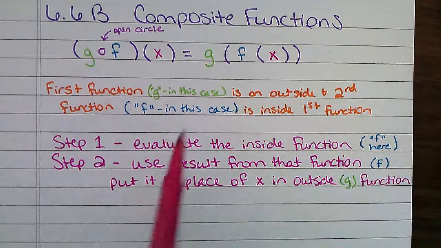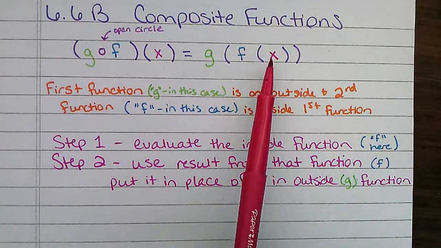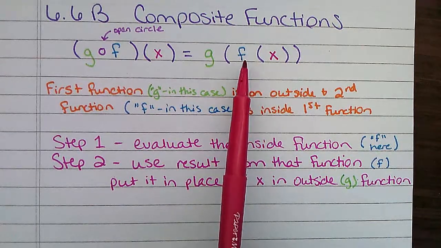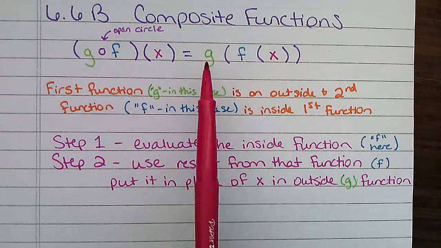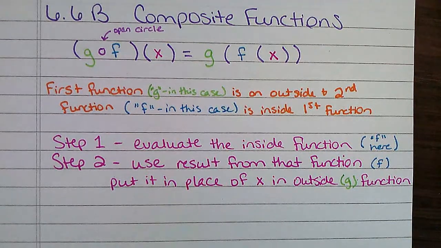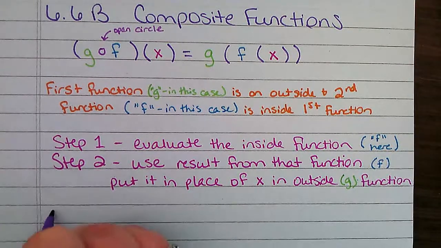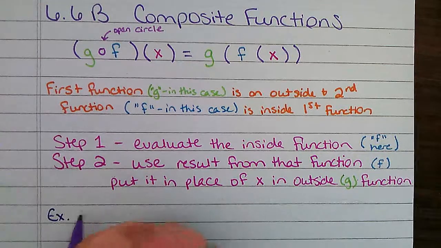As I explained before, we're going to take whatever number this is, put it into this function in place of the x's, figure out what that answer is, take that answer and put it into g. It's all kind of a little abstract, so let's actually do one, and then that might make a little bit more sense.